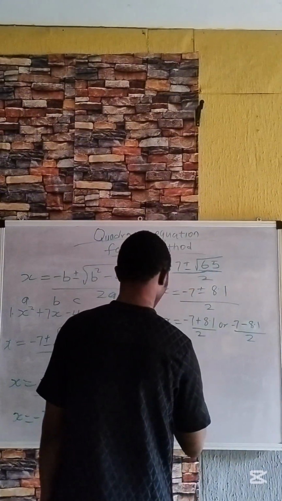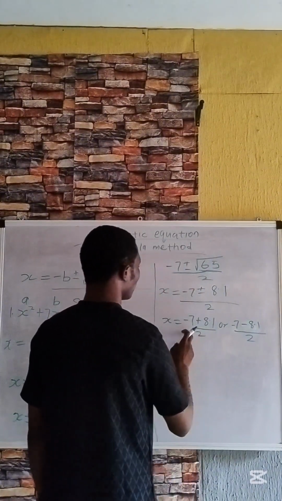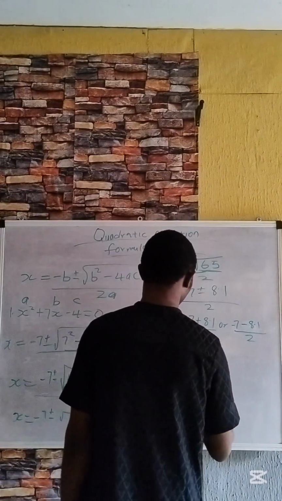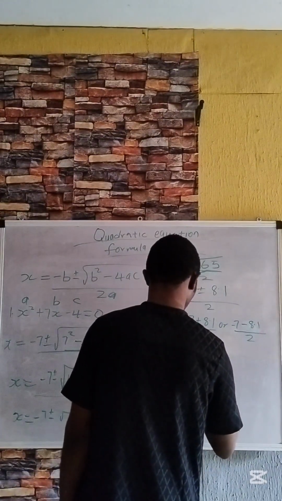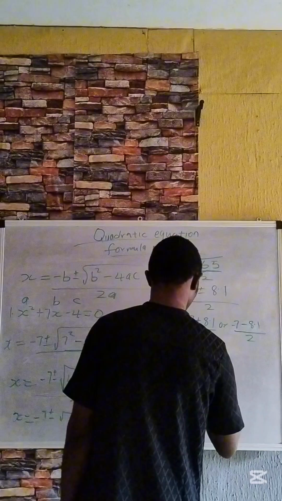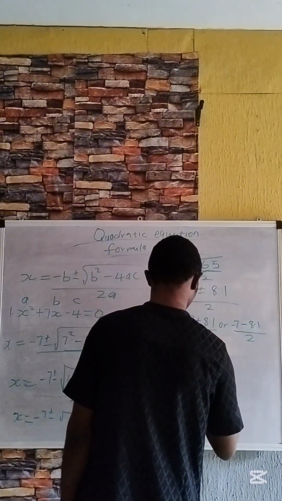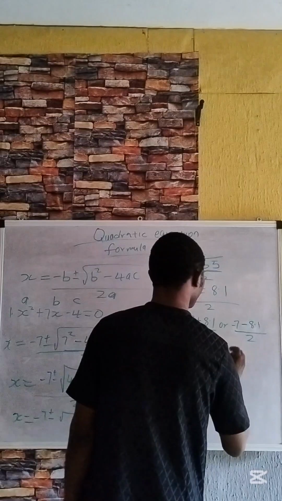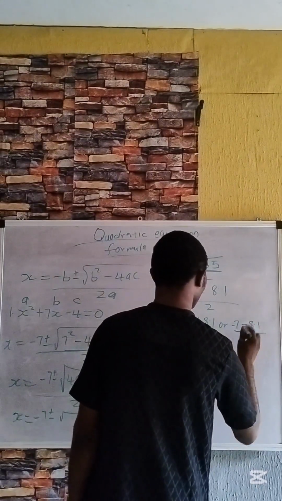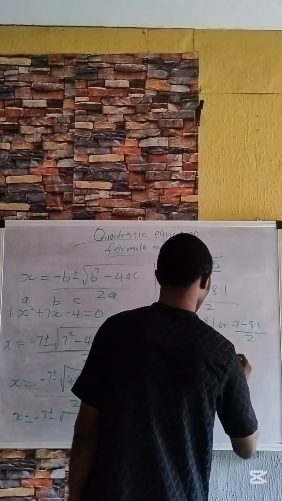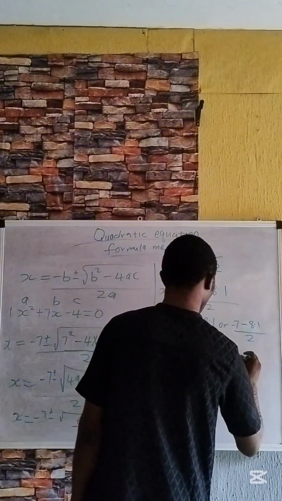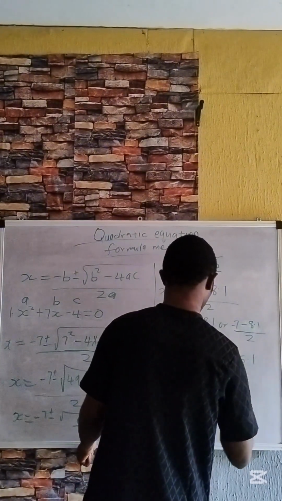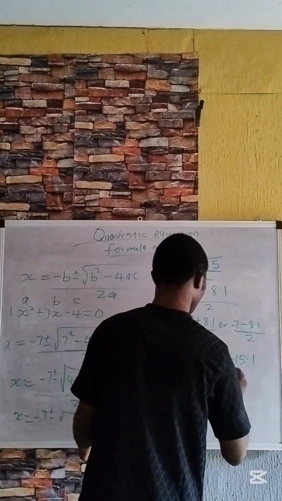So the answer will be x equals -7 plus 8.1, which gives us 1.1, or this will give us minus 15.1, over 2.